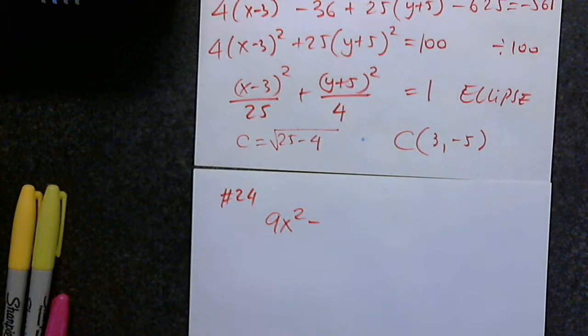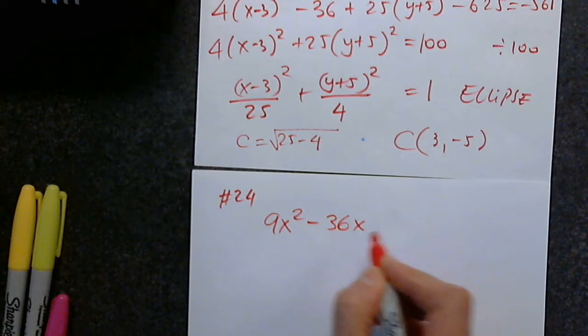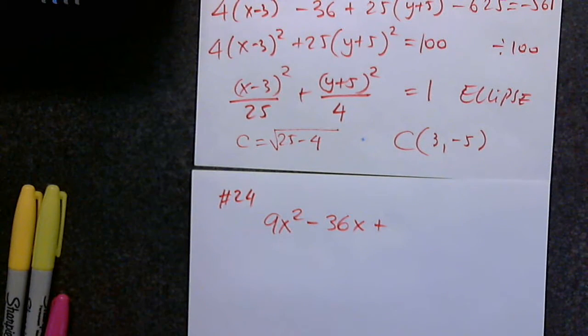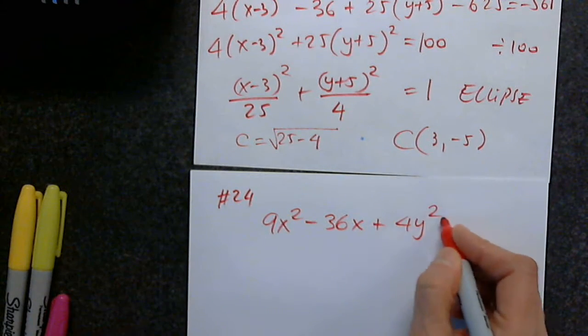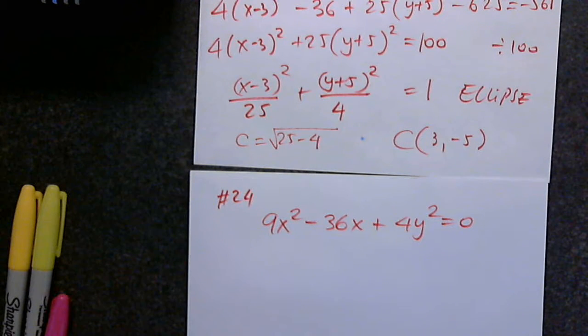I have no idea what this is. I know it's not a problem. 9x squared minus 36x plus 4y squared equals 0. Okay, last one.